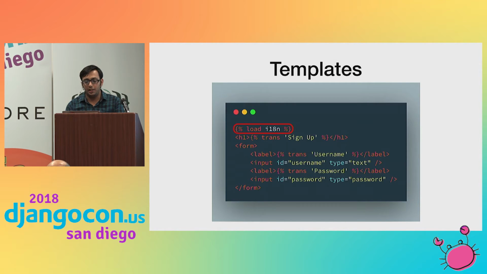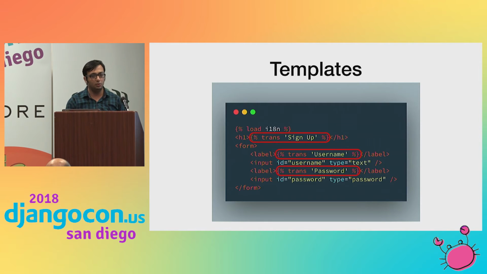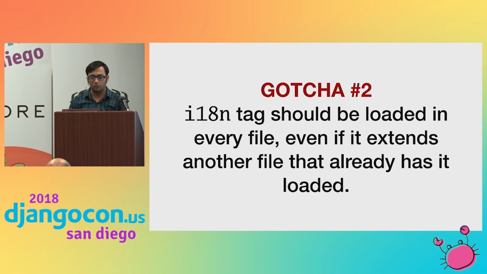So I've included the i18n tags. Now for all the static strings, I mark them with the trans tag. So I say sign up, username and password are marked for translation. If there are translations available, then please go ahead and replace these with those static translations.